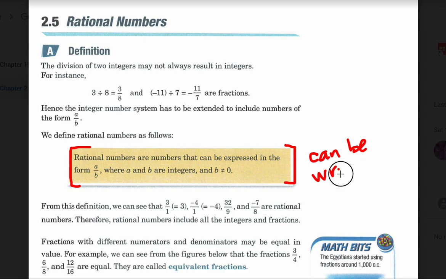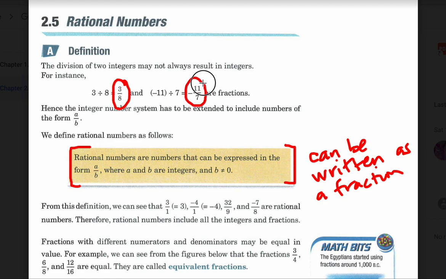And a lot of numbers can be written as a fraction. So if you want to put in some examples, 3/8 is a rational number, negative 11/7 is a rational number. So fractions are included.